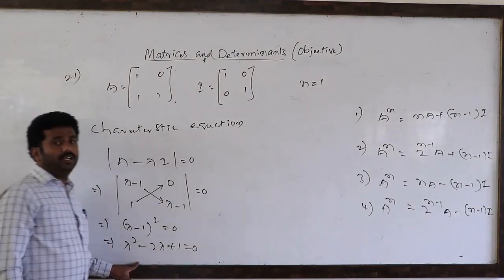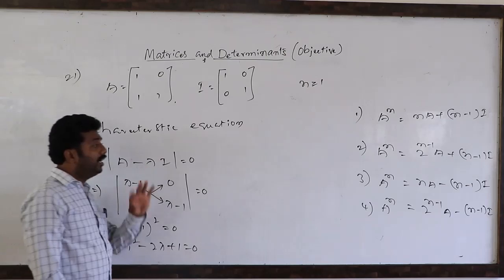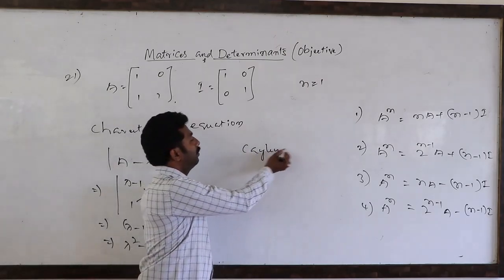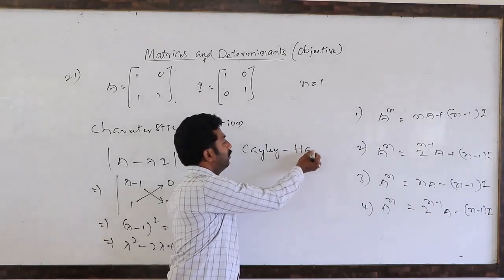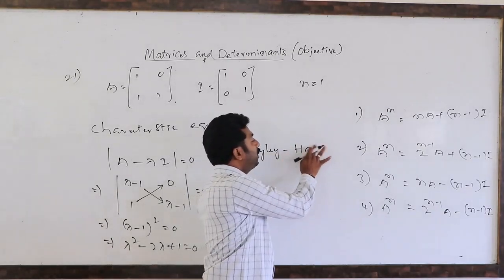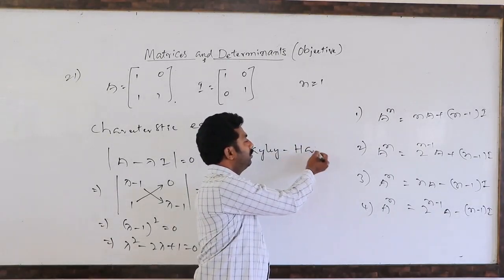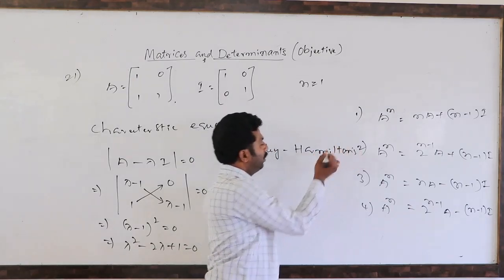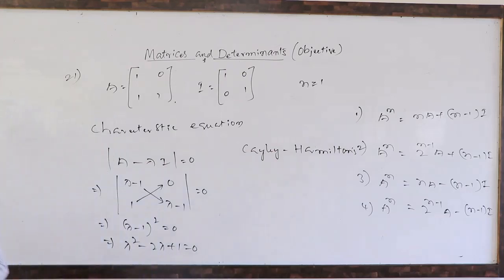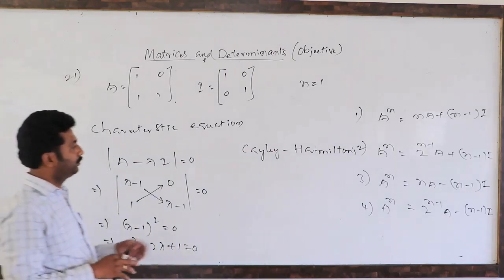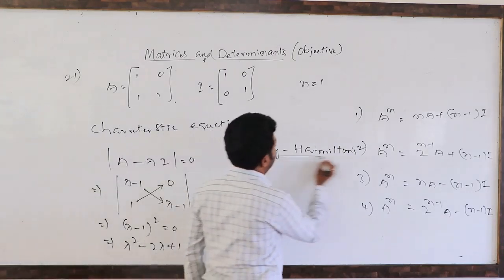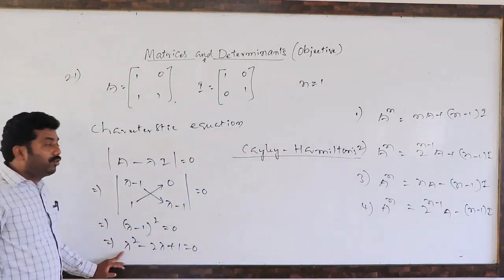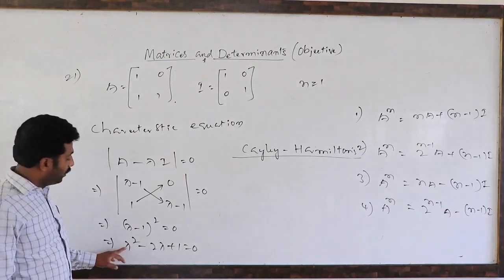Cayley-Hamilton's theorem was actually in the old syllabus. Cayley-Hamilton's theorem says, see here, this is the characteristic equation, and every square matrix satisfies its characteristic equation.